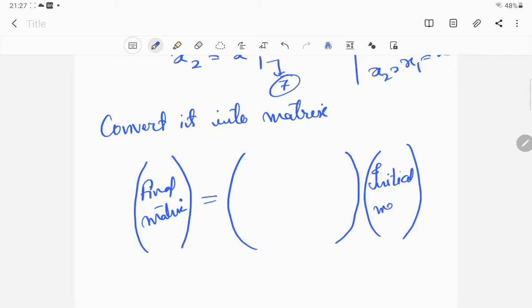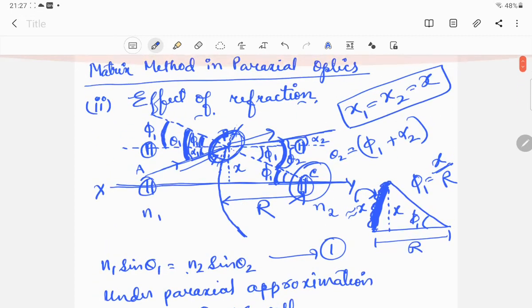You can understand when the ray entered into the system, what are the values of angle and height?